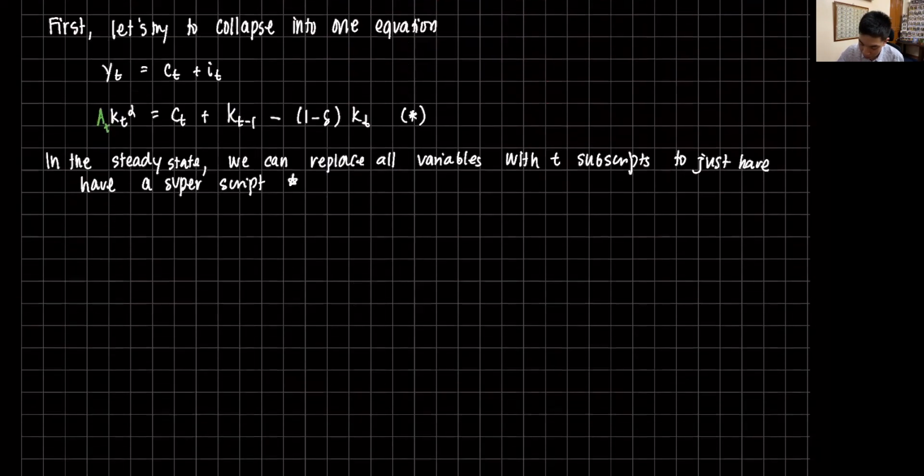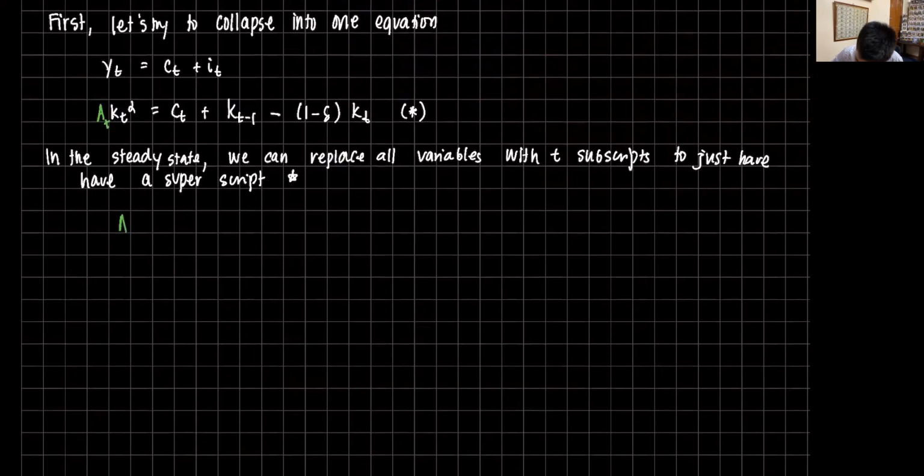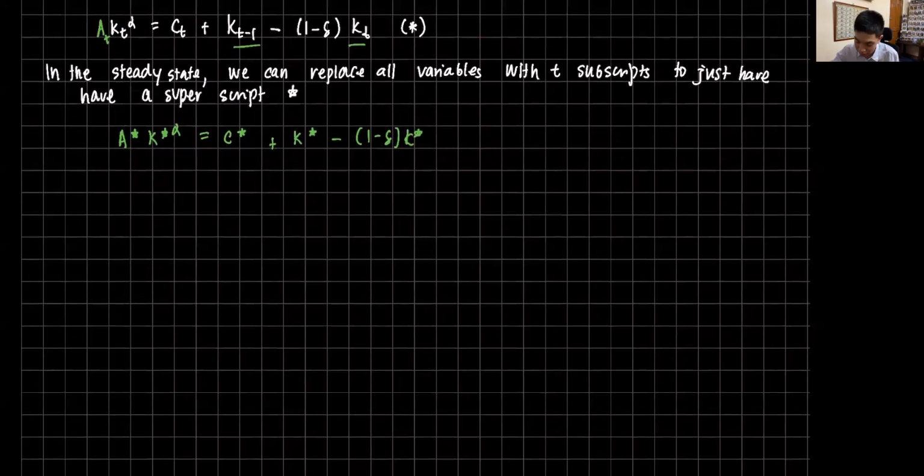So we have A, K star raised to alpha, equal to C star plus K star minus (1 minus delta) K star. Notice this was K_{t+1} and this is K_t. At a steady state, they're the same thing, so there's no distinction between them across periods because we're at the steady state.